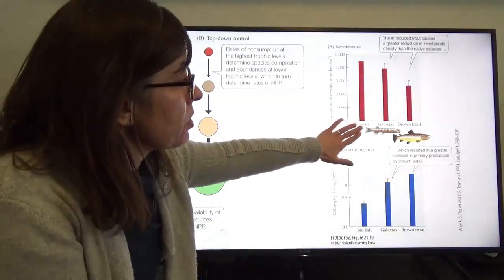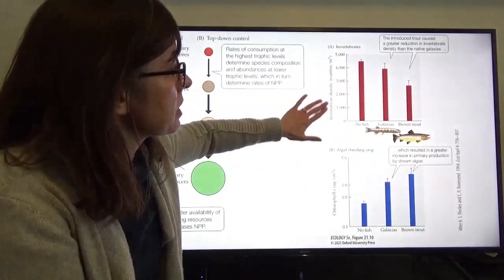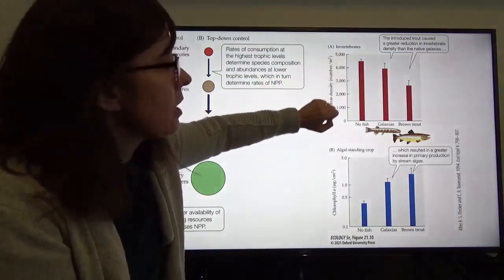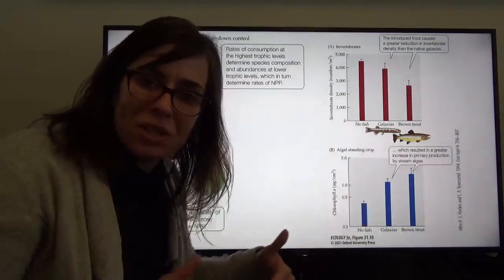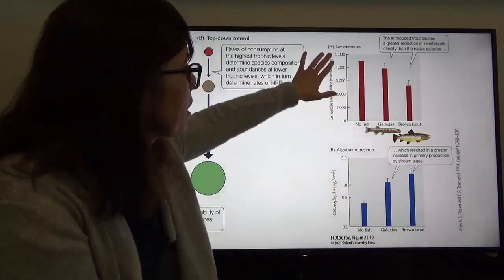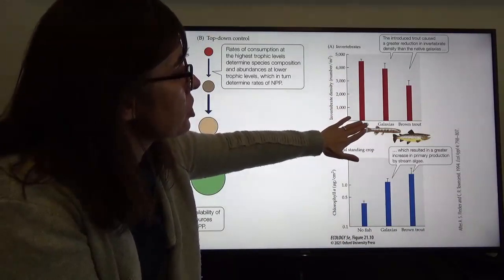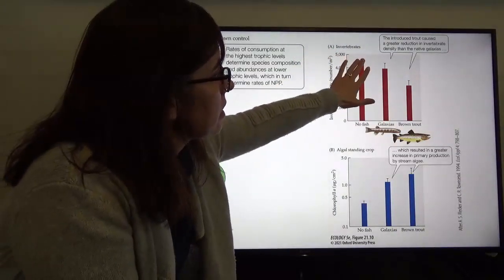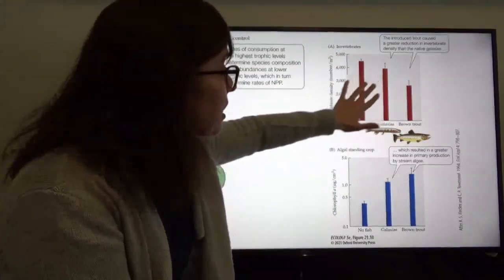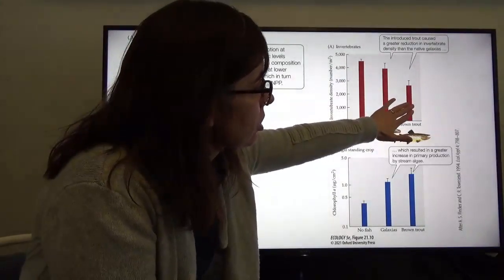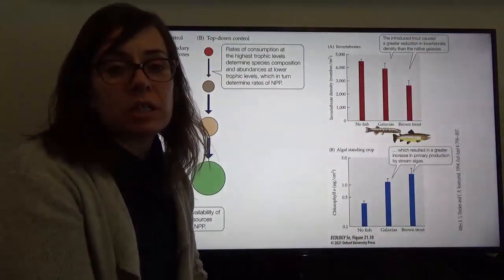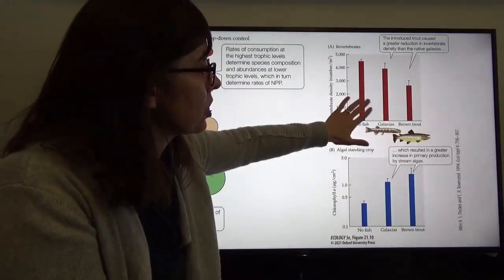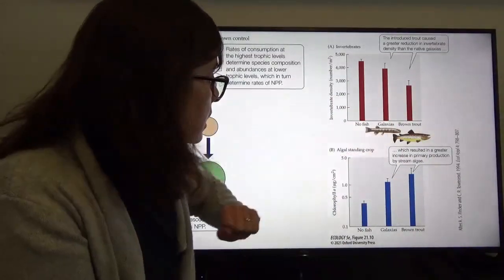When there are no fish present, we have the highest densities. This is invertebrate density in numbers per meter squared, so population size per area. Remember that invertebrates are often measured with little quadrats, so we can estimate their density per area. With Galaxias, the density of invertebrates was lower than with no fish, but it was lowest with the invasive brown trout in the system. So brown trout put much more pressure on the invertebrate population than the native Galaxias.